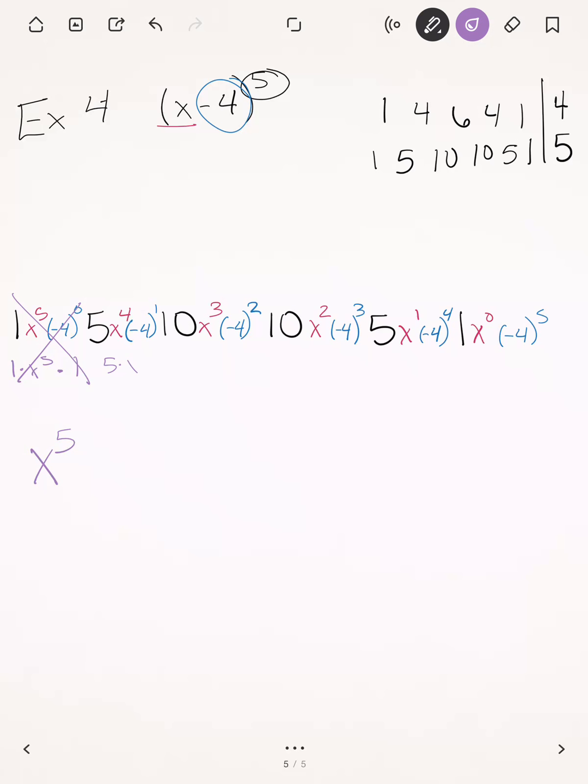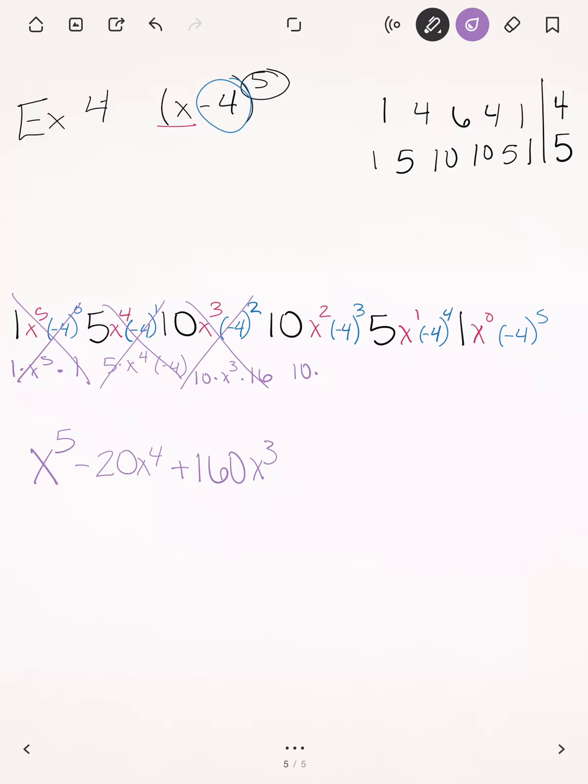I have 5 times x to the 4th times a negative 4. So when I multiply that, I get a negative 20x to the 4th. Then I have 10 times x cubed times 16, because negative 4 squared is 16, which gives me a positive 160x cubed.